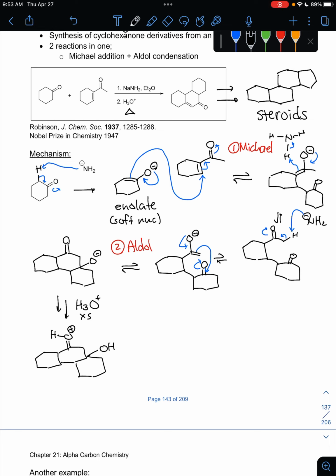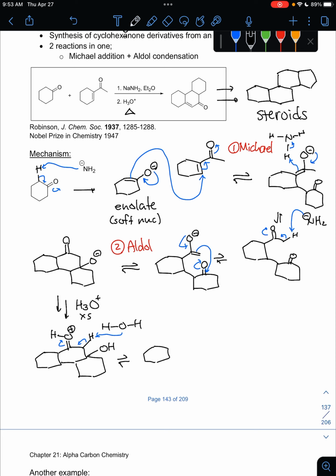That alcohol can be protonated, and so could the ketone, and this could tautomerize or become enol, I should say enol, through tautomerization if you grab a proton from the alpha position.